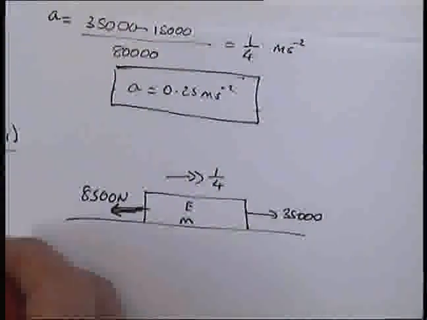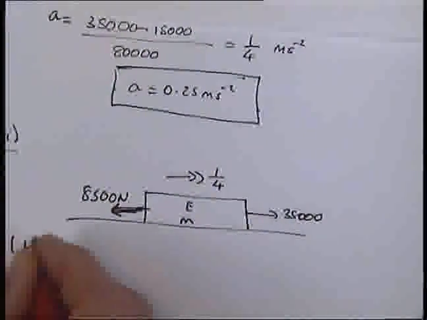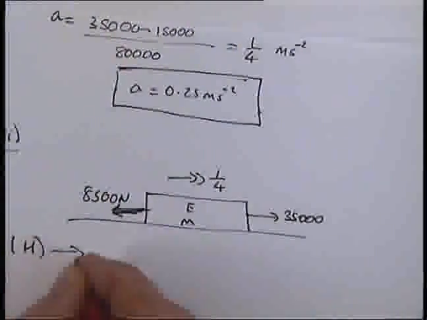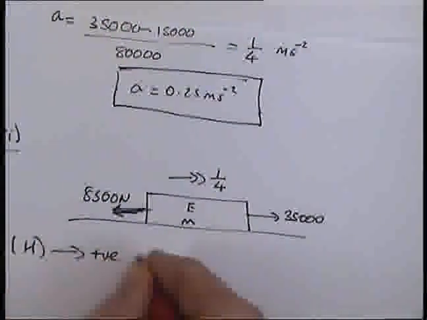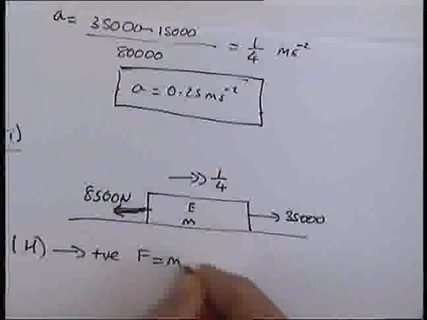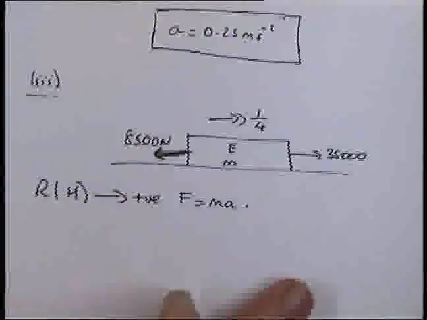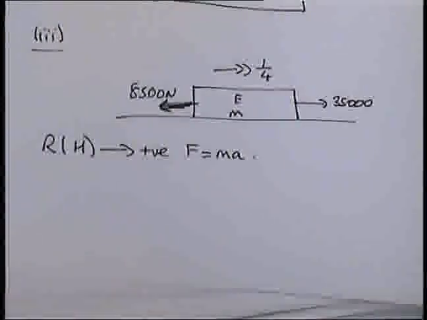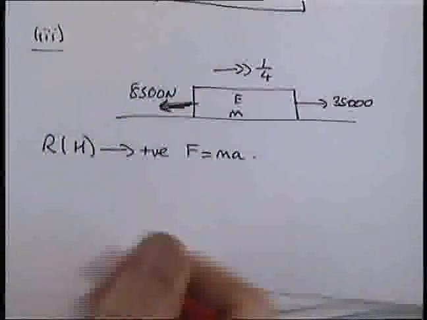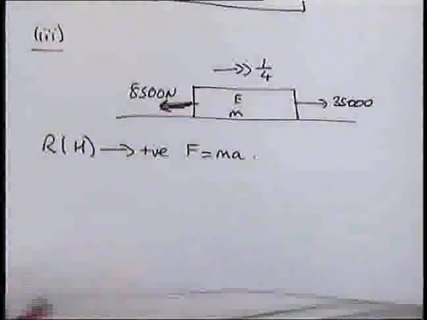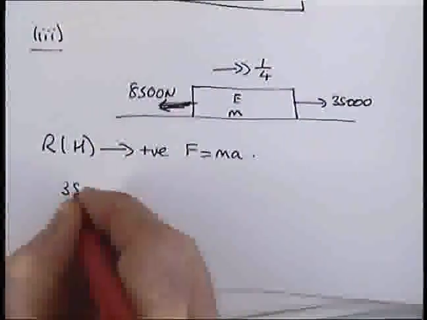Right, now, as usual, we're going to resolve horizontally, taking the right to be positive, and we're going to use F equals MA. So resolve now, and then restart the video when you have done. Right, well, every force acting in that direction is positive, so we get 35,000.